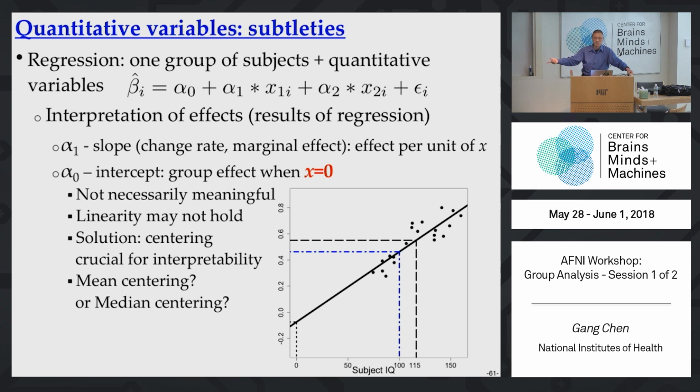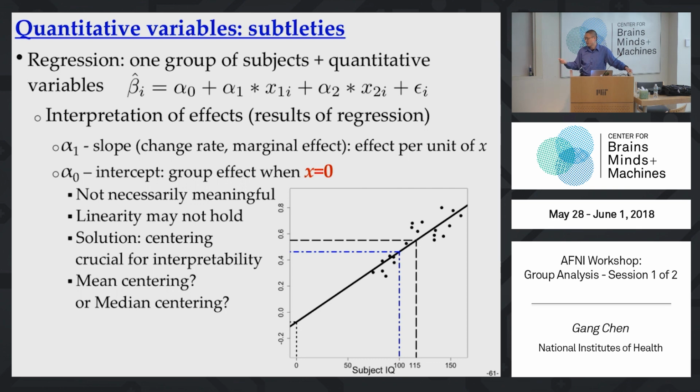Then the new 0 corresponds to the population IQ value of 100, and the intercept would be interpreted as the brain response when the IQ is at the population average. That's the population center.